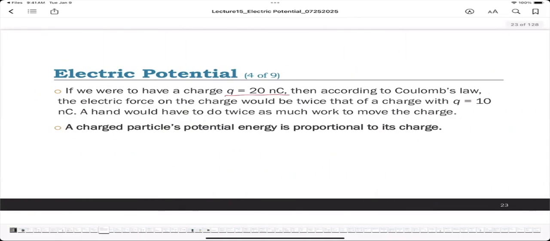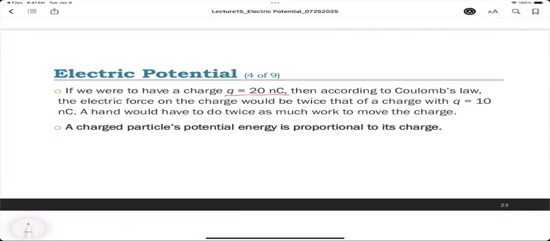Now if we have a charge Q of 20 nC, then according to Coulomb's law, the electric force on the charge would be twice that of the charge with Q equal to 10 nC. A hand would have to do twice as much work to move the charge. Does that make sense to you? Do you remember Coulomb's law? Let's try to review it.